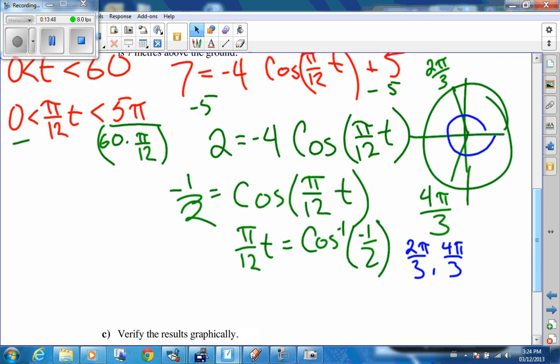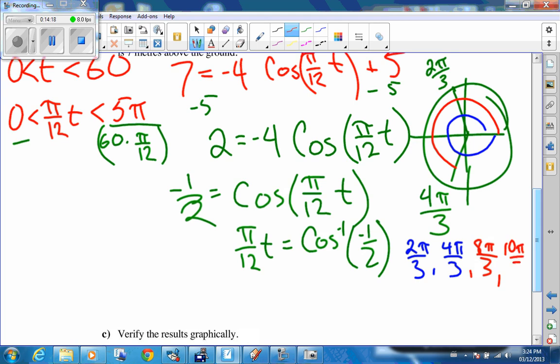And then I need to go around another time. So there's going to be 3 pi, and I'm going to hit that one plus another 6, so it's going to be 8 pi thirds. And then 10 pi thirds.